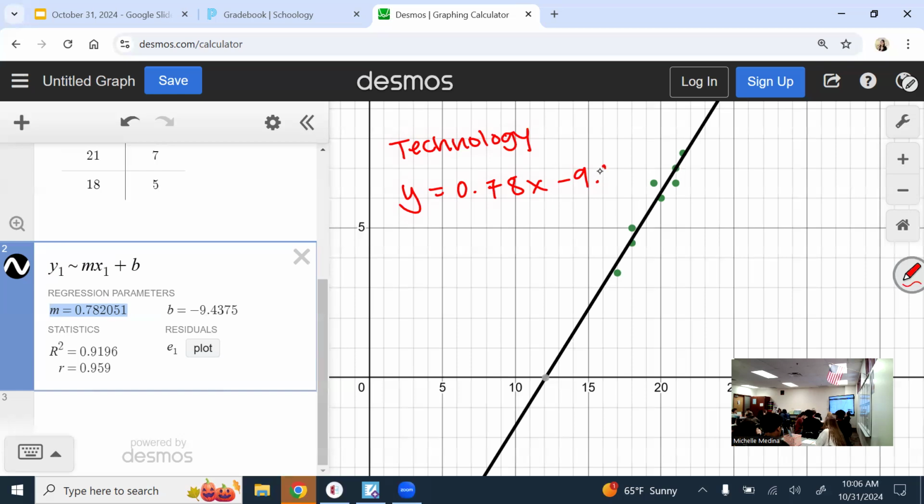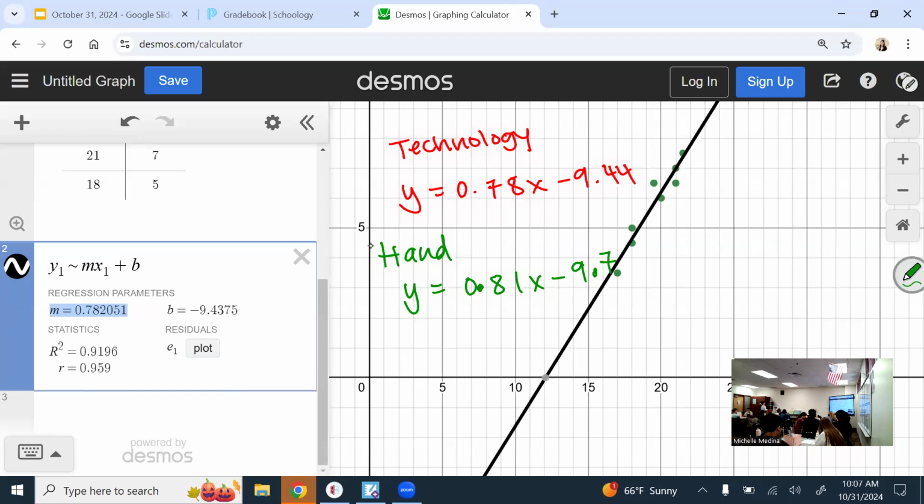We could do minus 9.44. So compare that to what we got by hand. When we estimated it by hand, we got 0.81x minus 9.7.